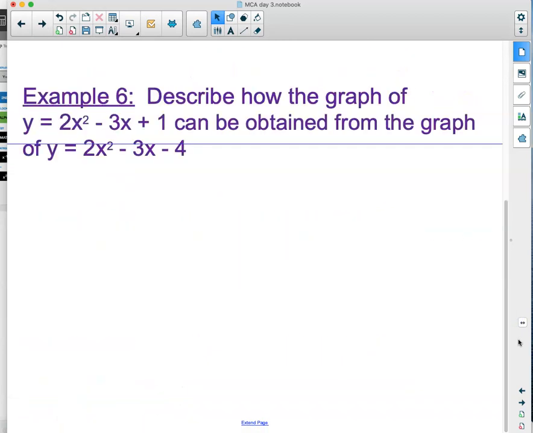All right, so why don't you go ahead and do example 6. Again, obtained from means this is where we start.